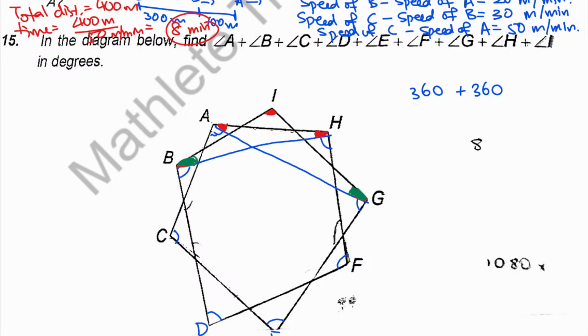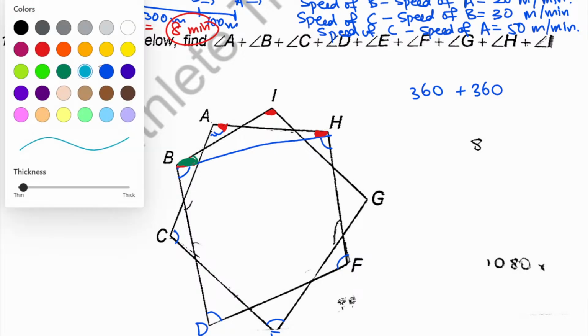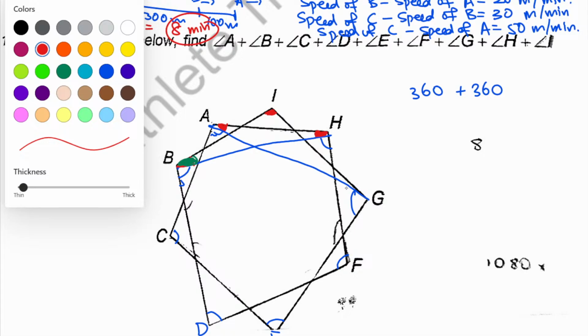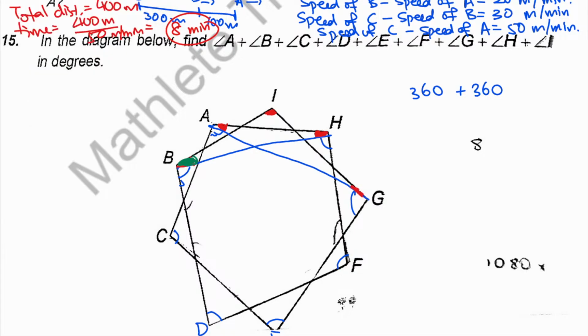Okay, which triangle was it? No, it wasn't G. Okay. So if I consider this B plus H, right?